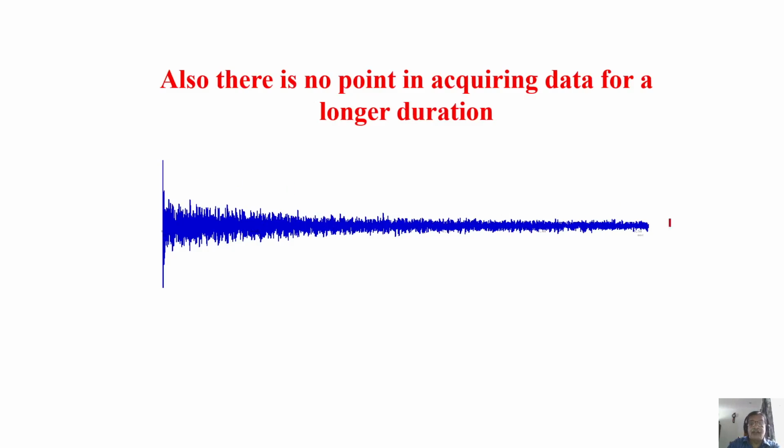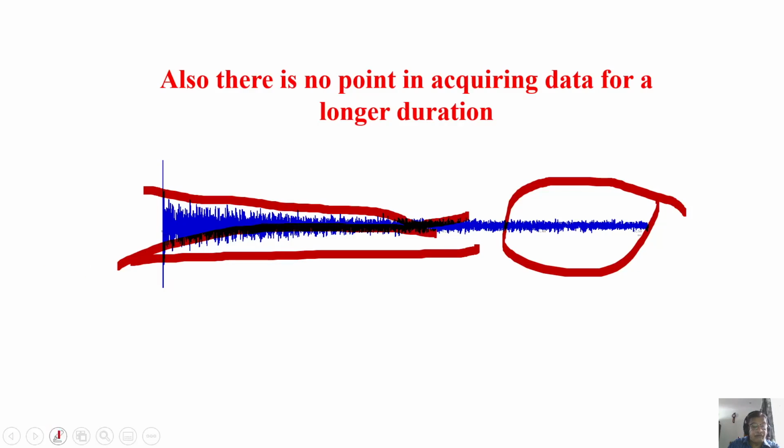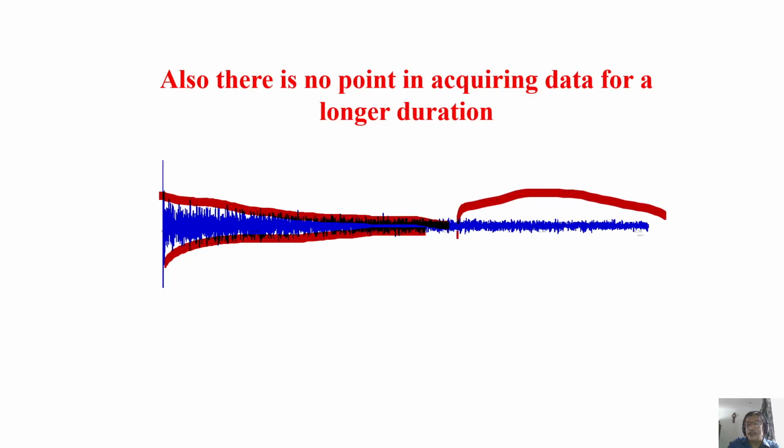And also, there is no point. Let's say your FID has died down somewhere here. You can see very clearly. I'm not a good artist, so I'm not drawing this properly. See, it has died down here. And if you acquire signal for a longer time here, what are you going to get? It is only noise.